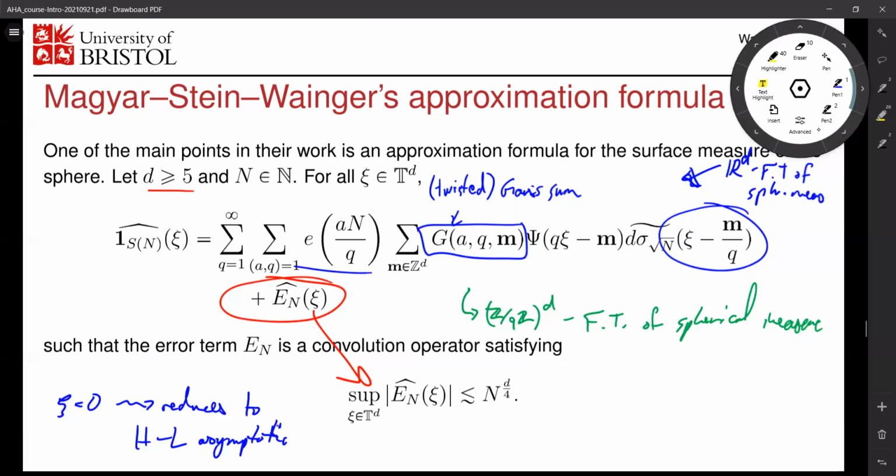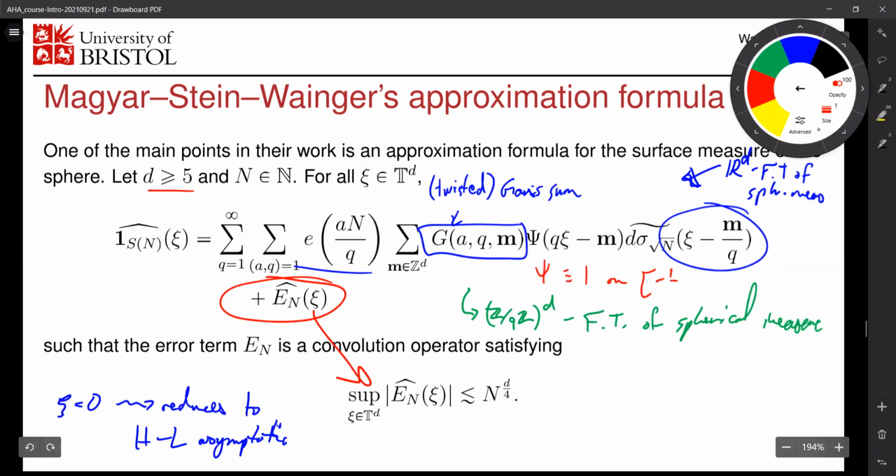And what is Psi? Psi is just some nice test function. So it's going to be equal to 1 on, say, -1/8 to 1/8 in all directions. And psi is supported in -1/4 to 1/4 in all directions.